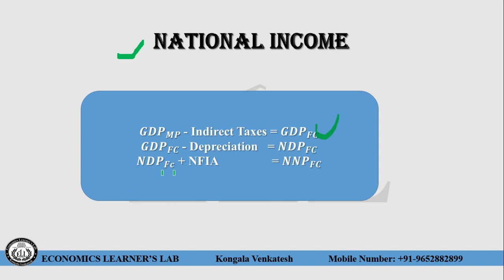When you add net factor income from abroad, you will get NNP at factor cost. This NNP at factor cost, net national product at factor cost, is nothing but national income.